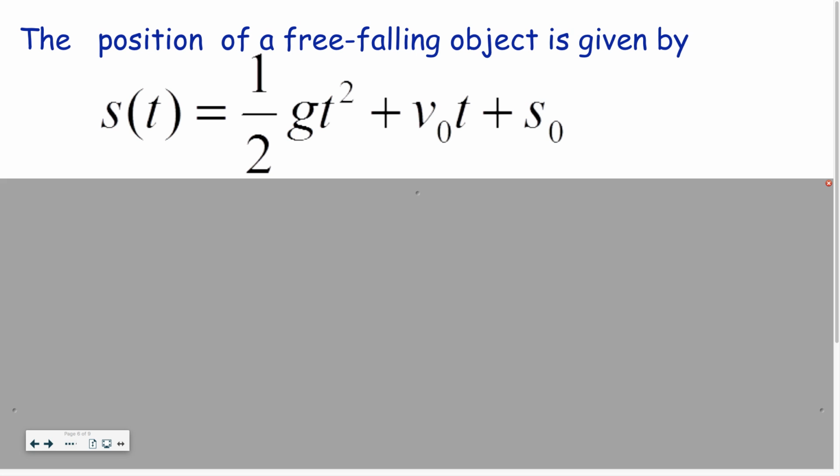What does G stand for? Gravity, the gravitational pull, is negative because it's bringing objects down. So that leading coefficient is always going to be negative.